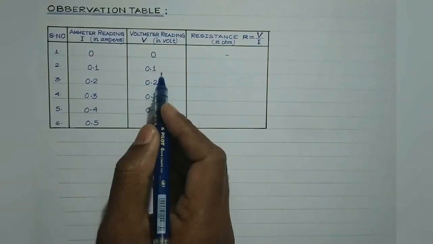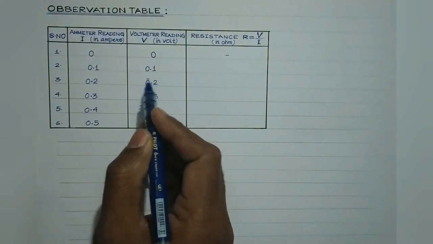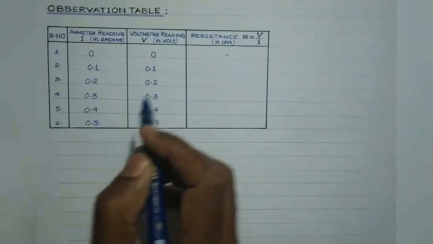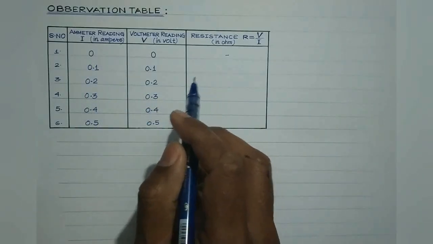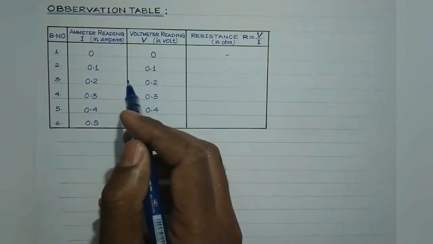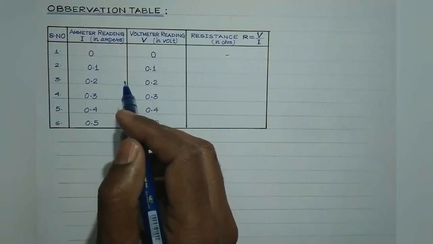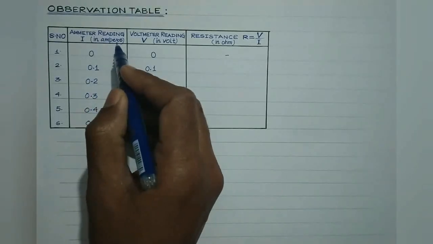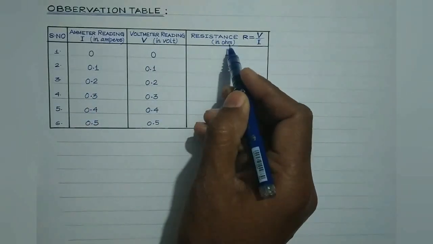Here I have noted down the values of the voltages corresponding to different values of current, right? And here I would like to mention that in the apparatus, it was a milliammeter, so the reading was in milliampere. But here I have converted it into amperes so as to obtain the value of resistance in ohm.